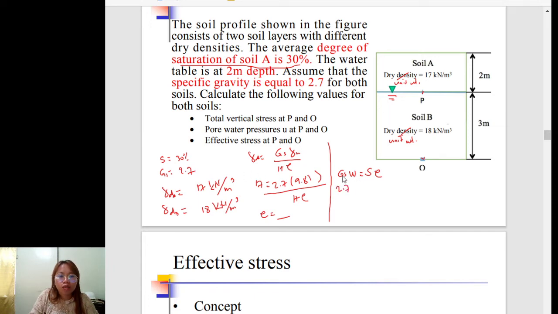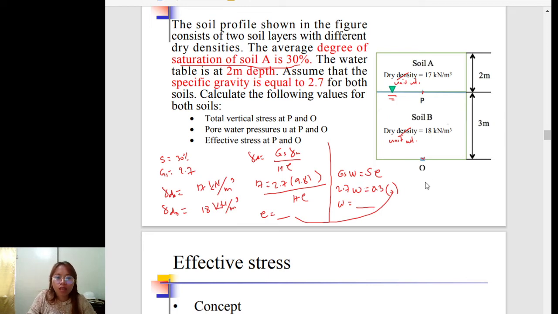This is given 2.7 times the water content, which we are going to find, equal to the degree of saturation, which is 30%, so that is 0.3, times E, which makuha nimo diri, di ba? Substitute ang E diri. Then we get the water content.